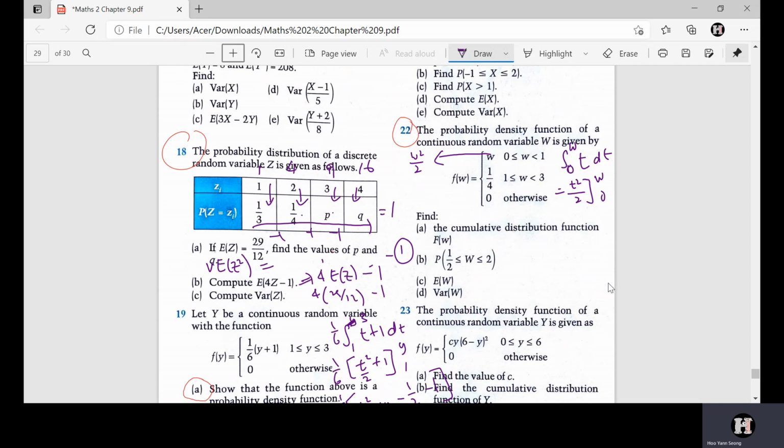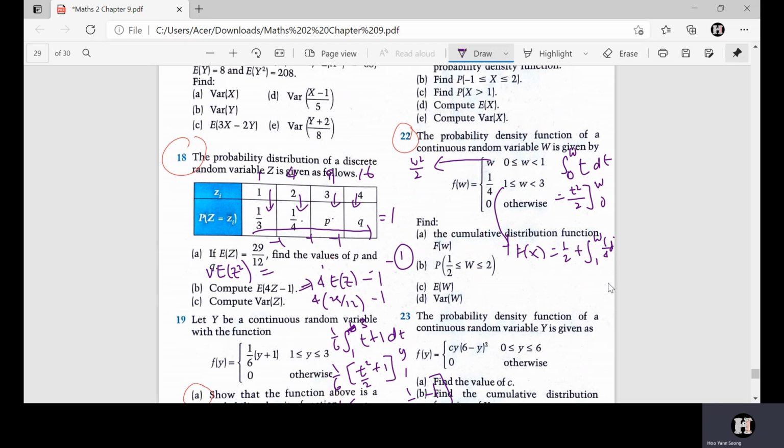And then the next one, same thing. You need to substitute 1 inside here. So your f(x) will become half. Where does this half come from? Substitute 1 inside, actually it is 1 over 2. Then plus integration from 1 to w of 1 over 4 dt.